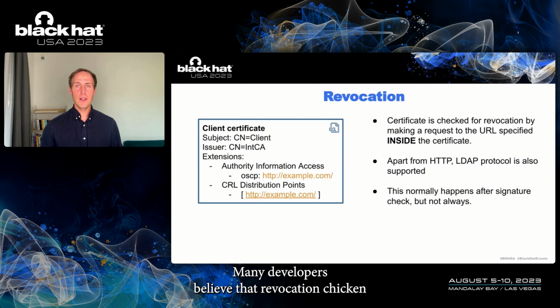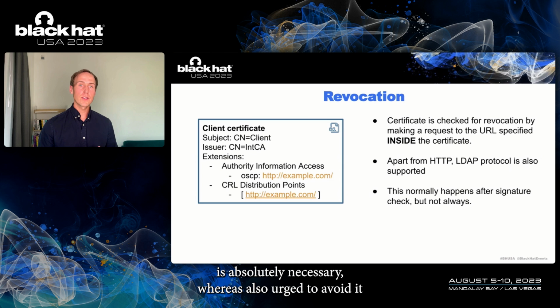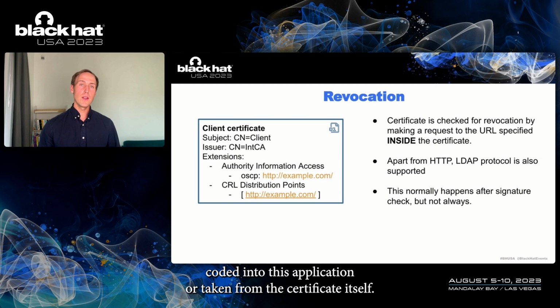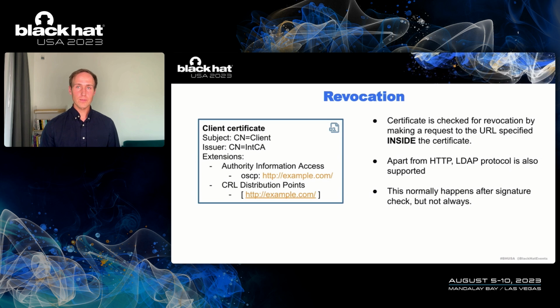Many developers believe that revocation checking is absolutely necessary, whereas others urge to avoid it for performance reasons or use offline revocation lists. Generally speaking, the store location can be hard-coded into the application or taken from the certificate itself. There are two certificate extensions used for that: Authority Information Access and CRL distribution points.